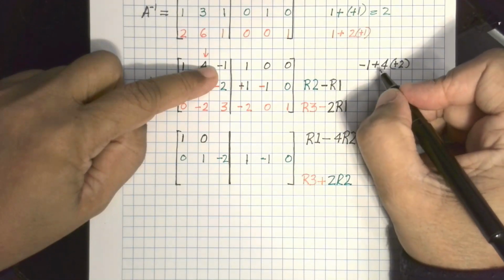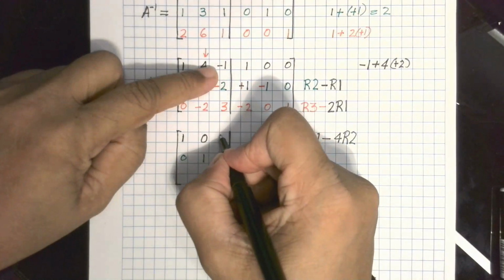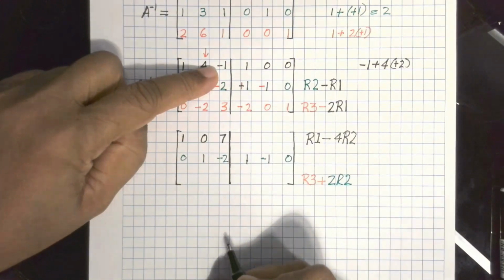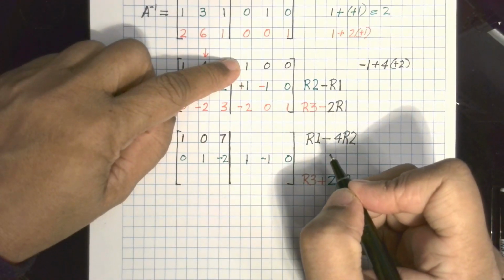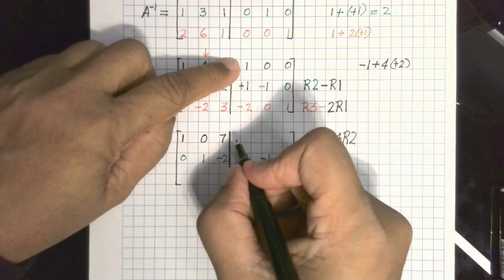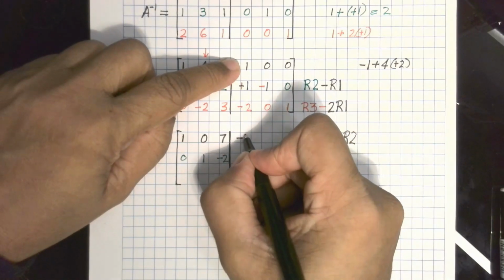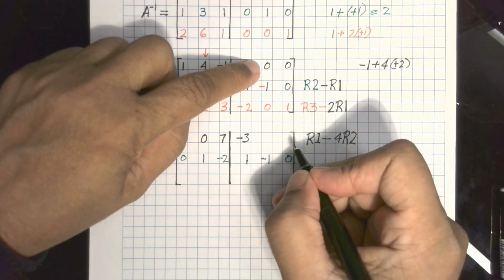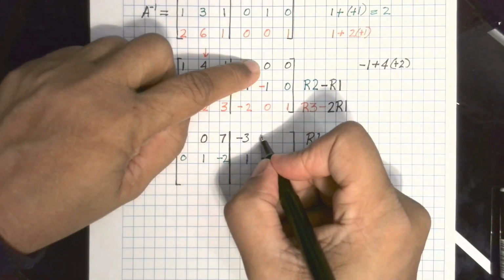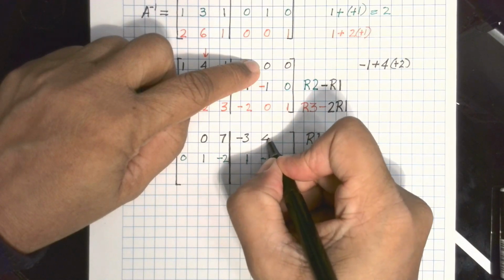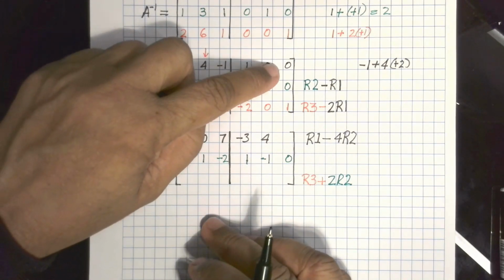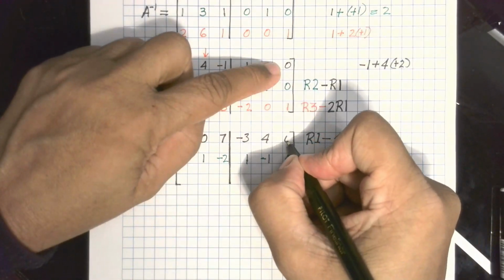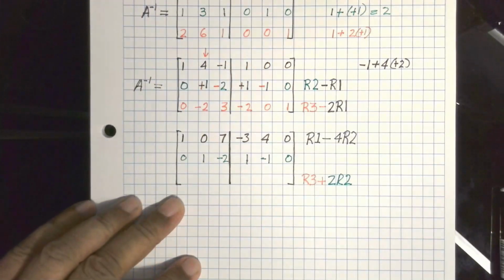We have 8 minus 1 will give you 7. Okay, and then we're going to go and do the same thing here. We have row 1 minus 4 of row 2, which will give you minus 3. This minus 4 of that will give you plus 4. And then this minus 4 of that, doesn't change anything right there. Okay.